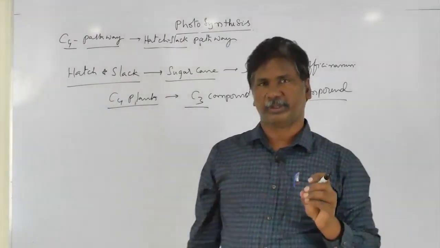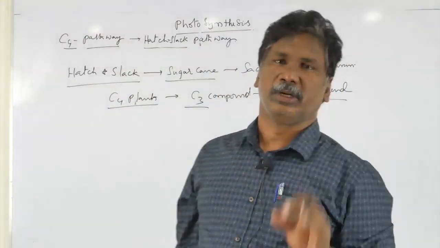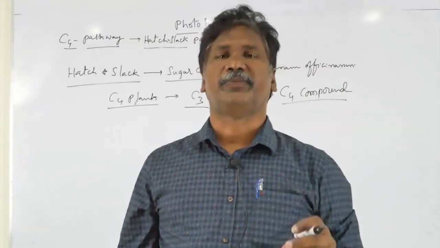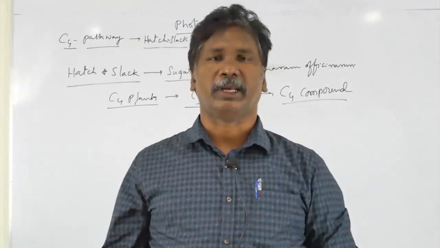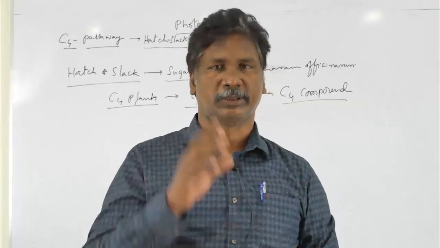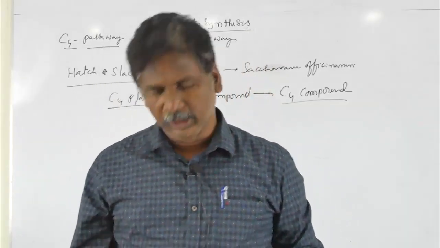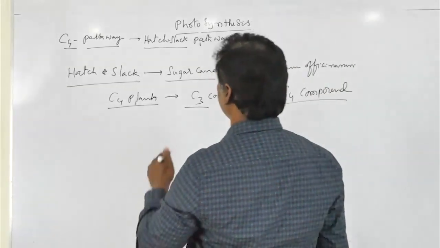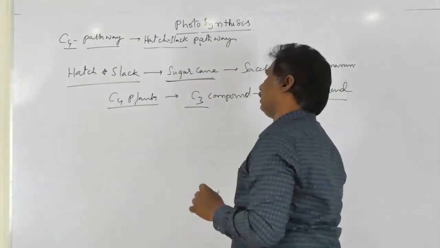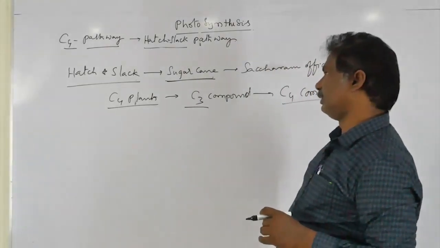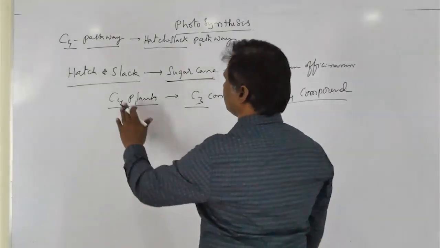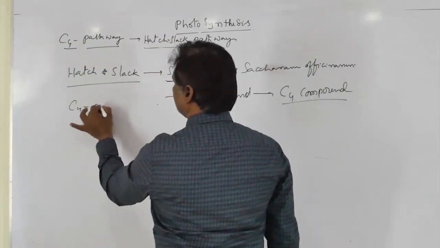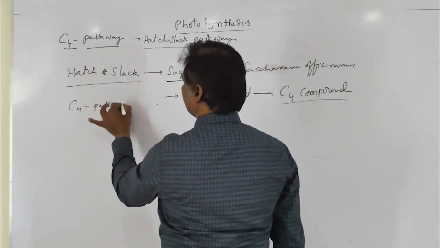They were the first to discover that not only C3 compounds but sometimes C4 carbon-containing compounds are formed during photosynthetic carbon fixation. This type of cycle is called the Hatch-Slack cycle, or C4 pathway.